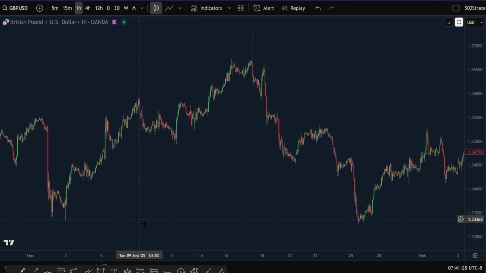Number one, when you want to trade a chart, make sure that you understand the chart. If the chart looks too messy to you, and you don't understand price action, you are not able to spot market structure easily, support and resistance levels, and how the price is reacting with those support and resistance levels.